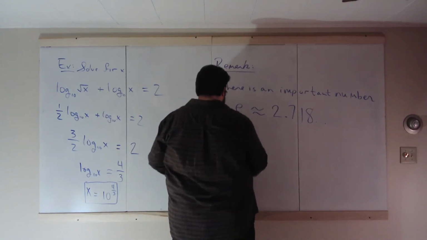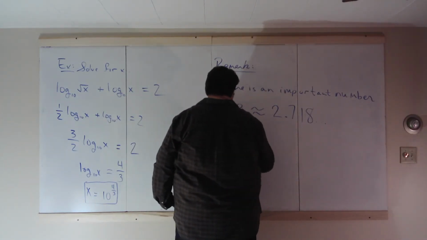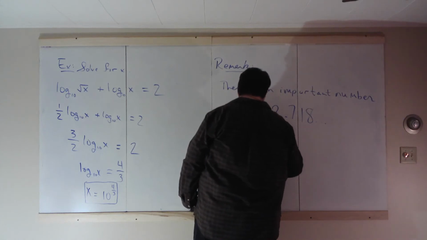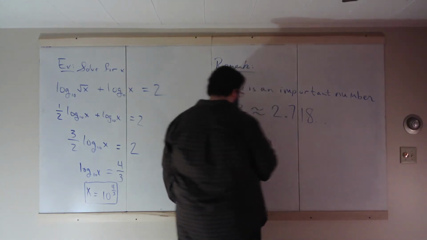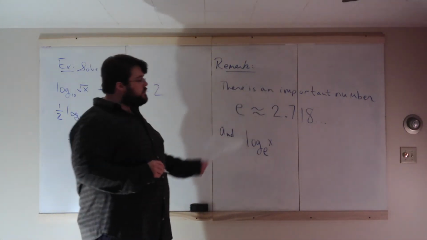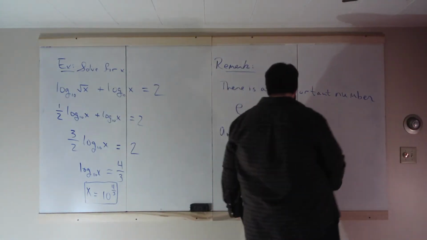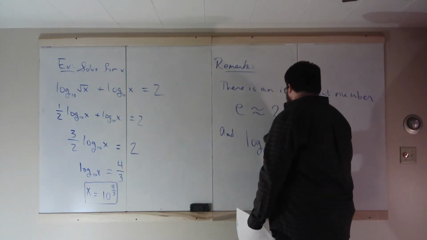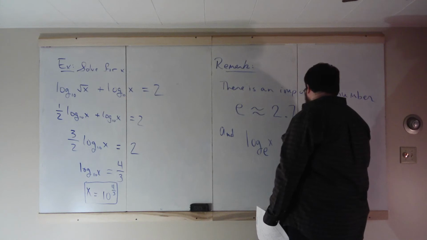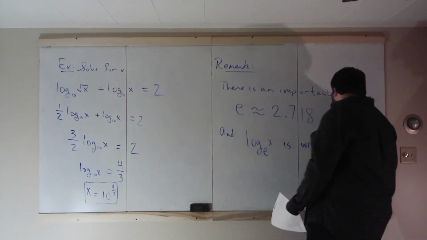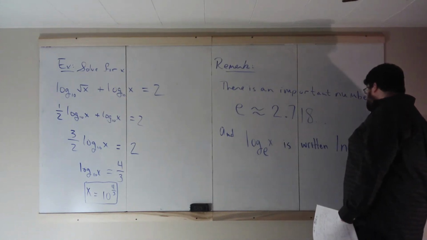And with this number, if the base of the logarithm is this number, which we abbreviate e, we write this as ln of x.